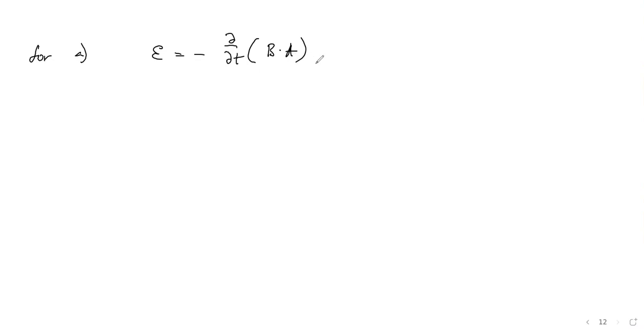So then EMF equals negative dB over dt multiplied by area. If it's a circular loop, we can just use pi r squared for the area. But it's not very important. The more important thing is how we change the field.